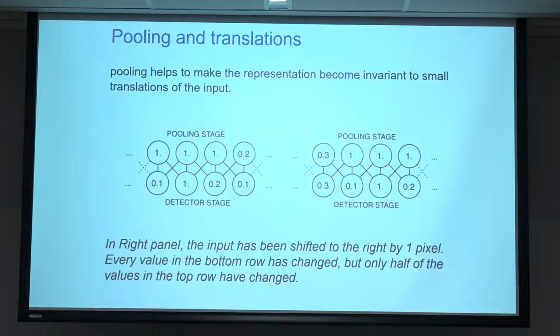Among these 4, 2 of them have the same values, and 2 of them have different values. So 50% have the same value. This gives you some intuitive idea of how pooling can help in terms of translation and make the model less sensitive to translation.